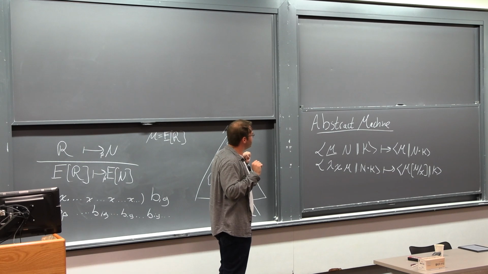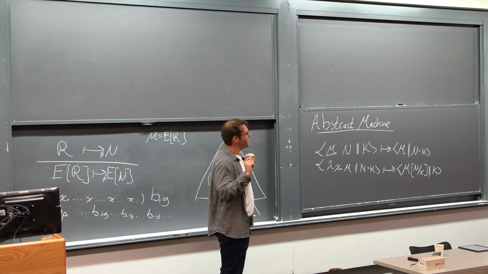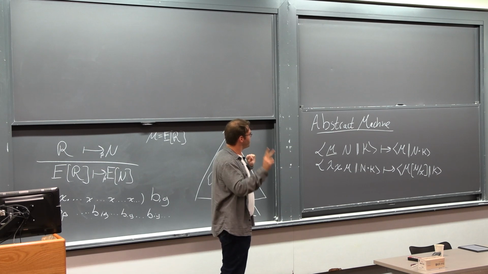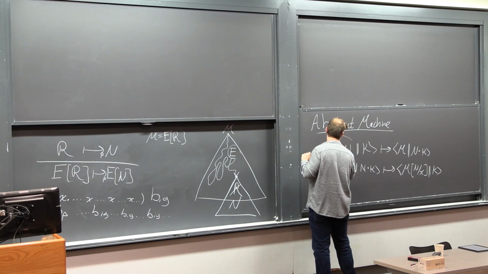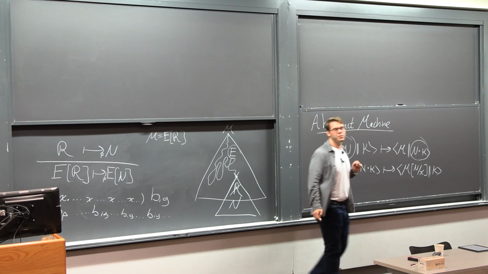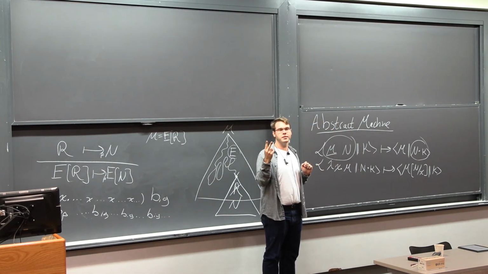I do have a bit of a complaint with this machine. Well, a couple complaints that are very closely related, aside from the fact that I didn't bother with environments yet. Well, there's two. So one is there's a bit of an annoying redundancy. Those two things mean roughly the same thing. It's function application. So I have two ways to write function application.